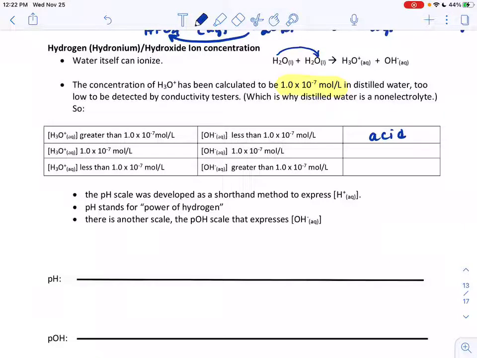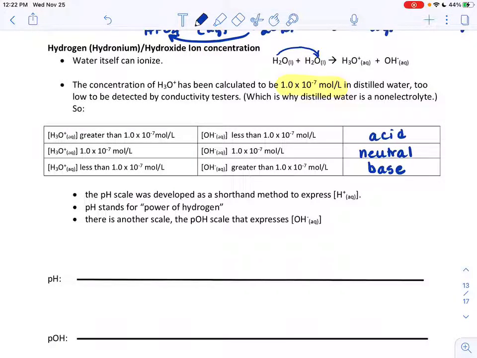If the concentrations of hydronium and hydroxide are the same, this is a neutral substance. And if my hydronium concentration is less than 1 times 10 to the minus 7, and my hydroxide is greater than 1 times 10 to the minus 7 moles per liter, then I've got a base. So it's based on the concentration of hydronium and hydroxide in solution.